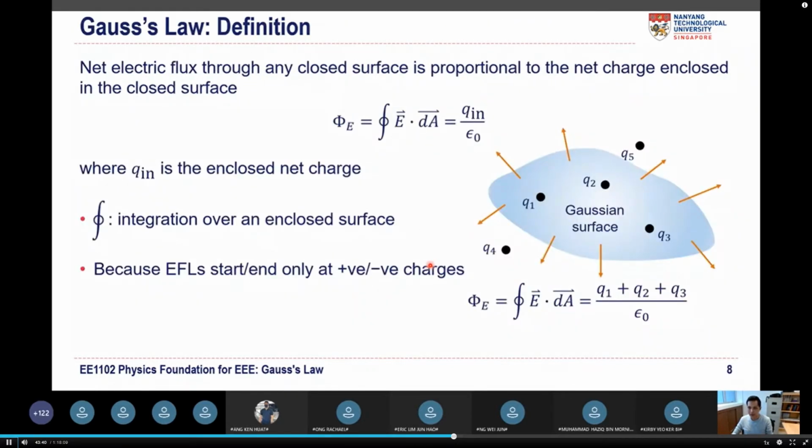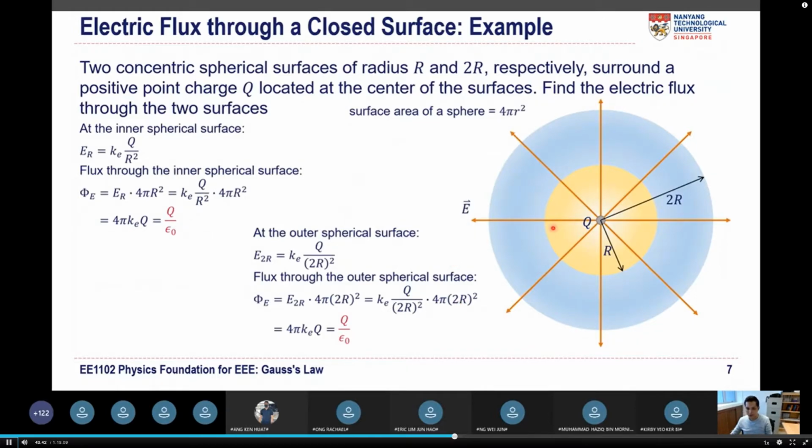Okay, so coming back to this example, the reason that we have the same electric flux through the outer sphere surface and the surface of the inner sphere, two surfaces of very different size and at a different distance R from Q, is that those two spheres enclose the same amount of net charge inside.